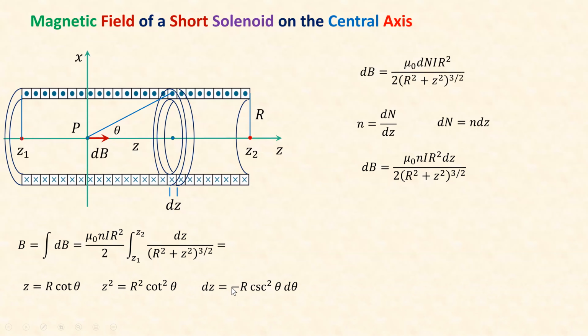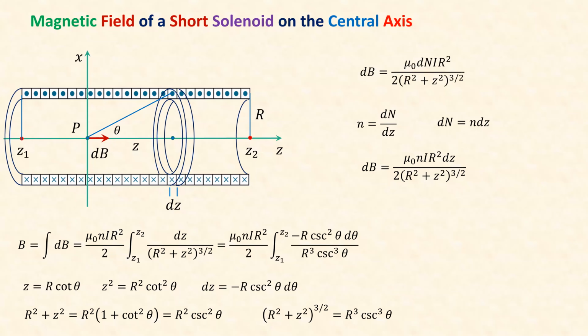And then r squared plus z squared: if you add the squares, we get r squared times 1 plus cotangent squared theta, and 1 plus cotangent squared theta is cosecant squared theta. So it becomes r squared cosecant squared theta, and therefore r squared plus z squared to the power 3/2 becomes r cubed cosecant cubed theta.